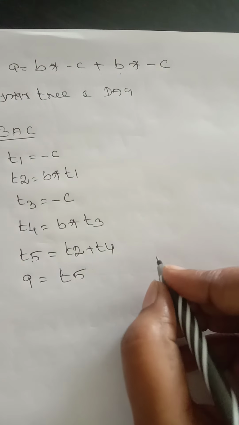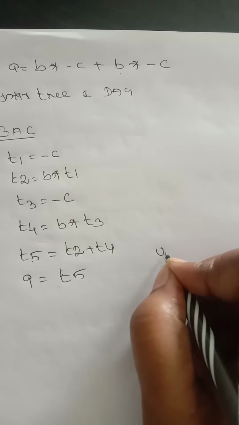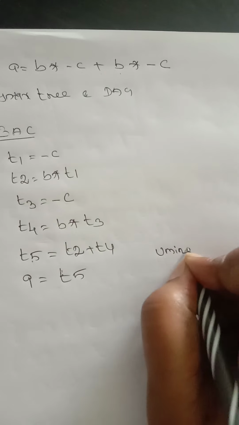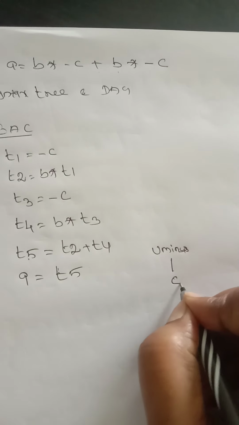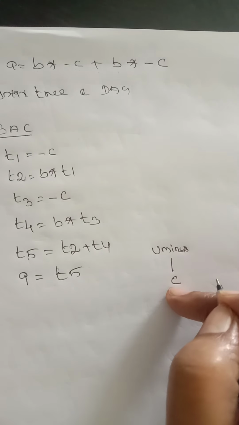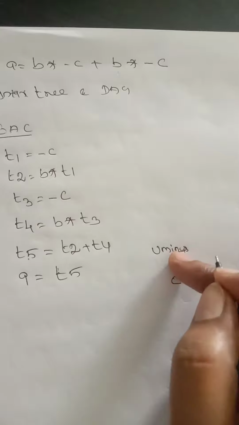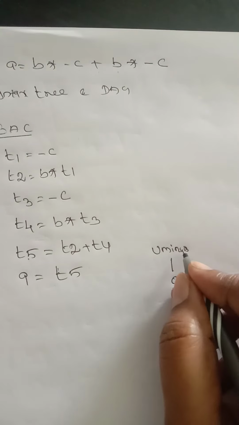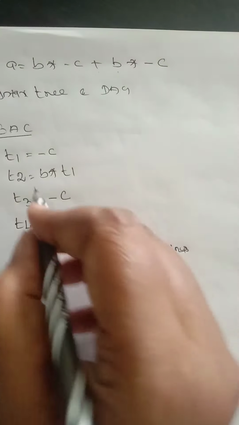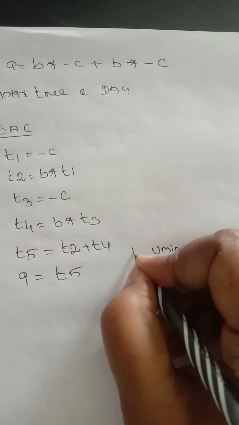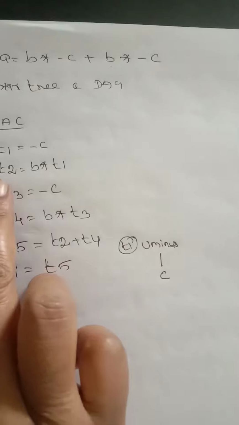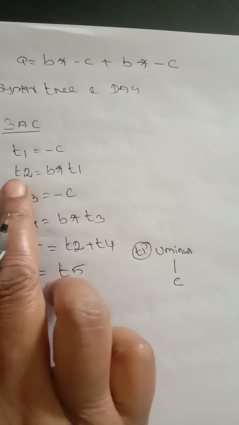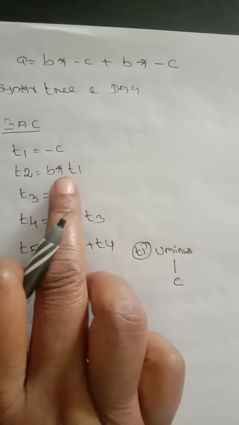So we construct a unary minus node, u minus, that represents unary, of c. There is no left and no right, only one operand: unary minus c. This part is called t1.